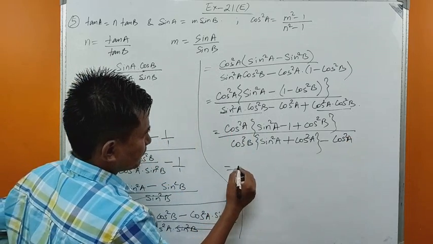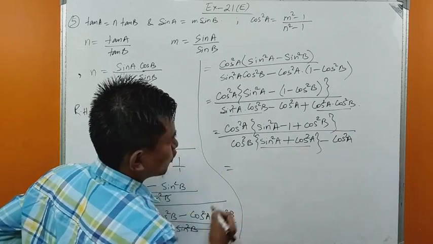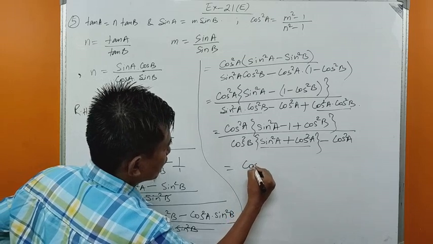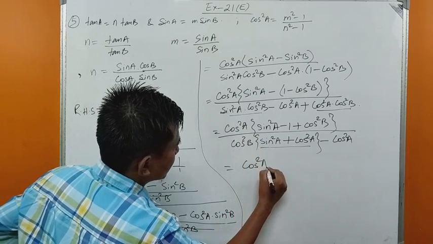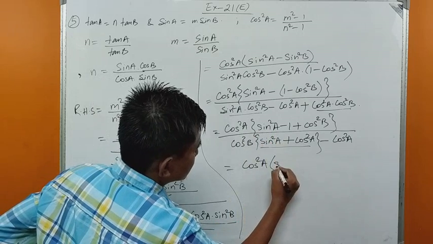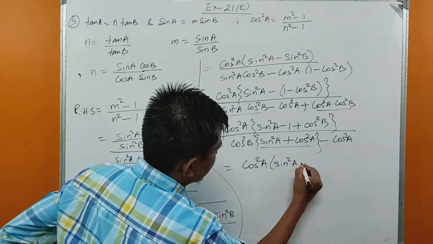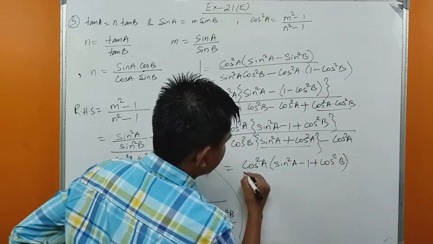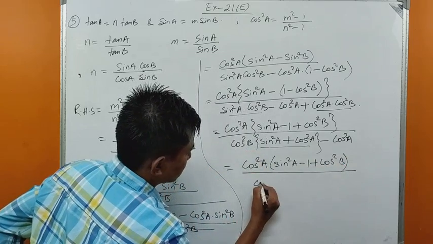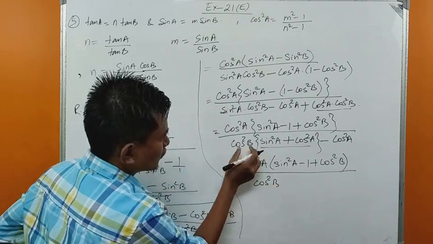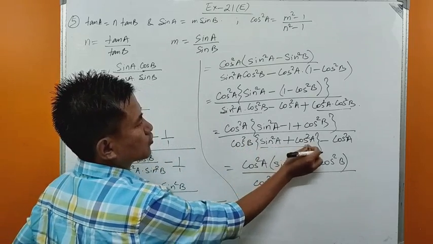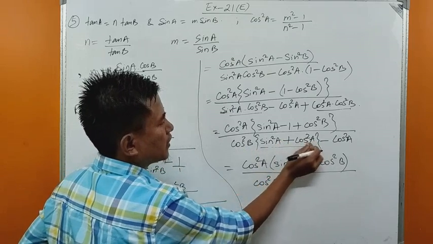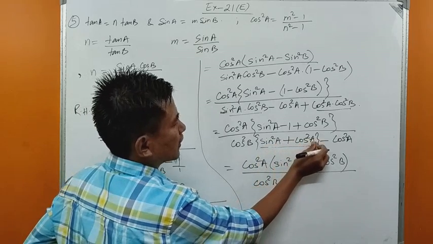Now sin square A plus cos square A means 1. So we copy the numerator as it is, cos square A into sin square A minus 1 plus cos square B, and in the denominator we have cos square B into 1, sin square A plus cos square A. The angles are same, so this means 1.